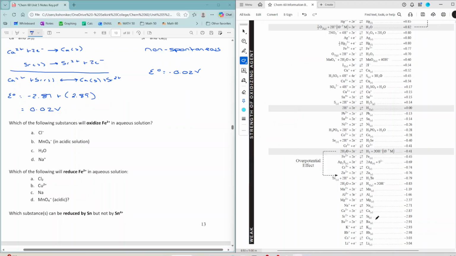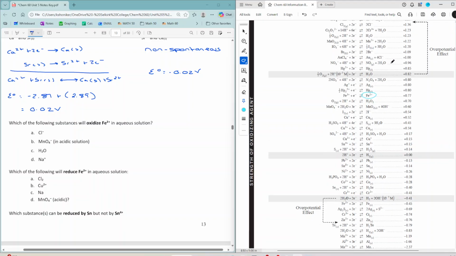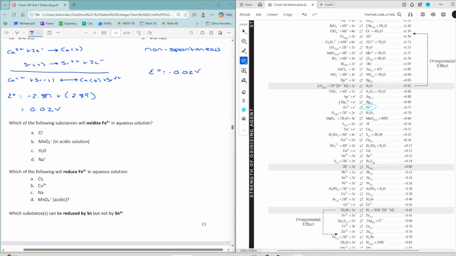So that must be on the right-hand side, way up here. Okay, so this is iron 2 plus. What will cause this to be oxidized would have to be something higher. So we're going to look for one of these as a reactant on the left-hand side.